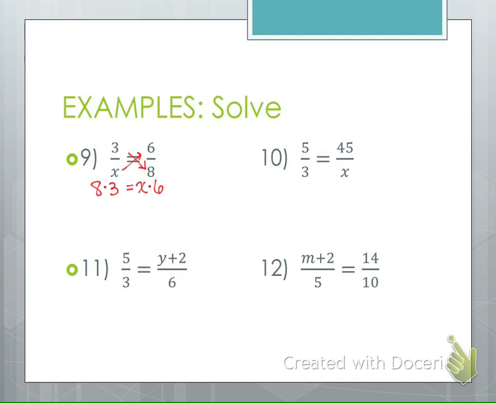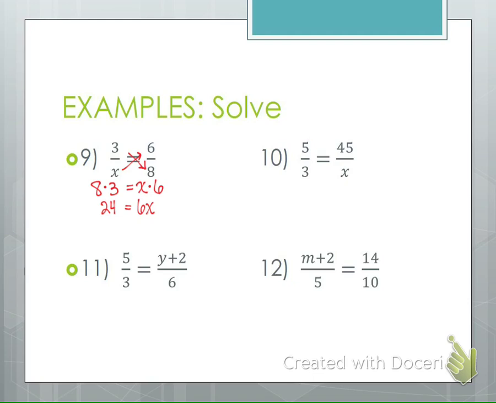Remember to put an equal sign in between those products. Some people want to keep using this like it's a fraction, and that's not how it works. There is an equal sign in between them. 8 times 3 is 24. We would usually write x times 6 as 6x. If you went straight to a line that looks like this, I'm okay with that on this problem.